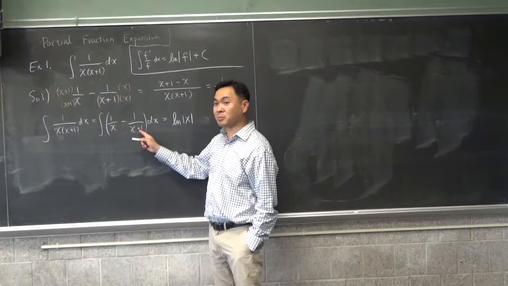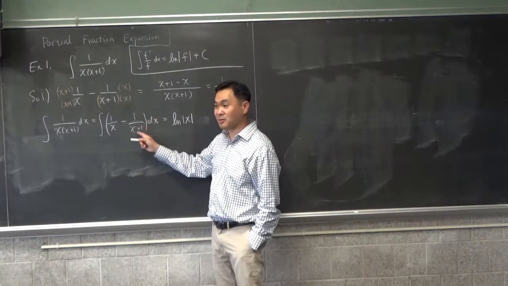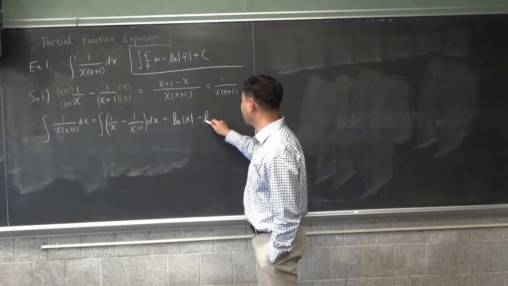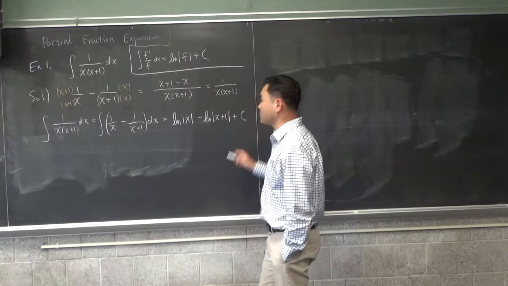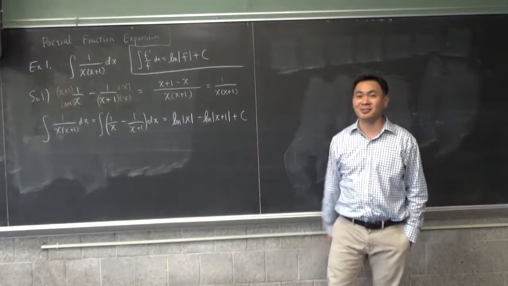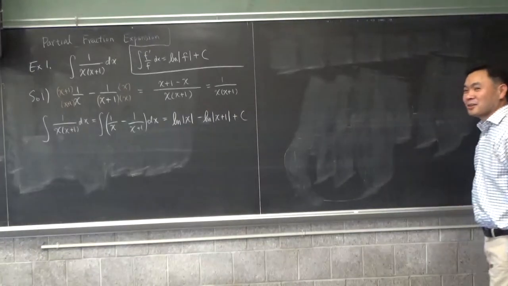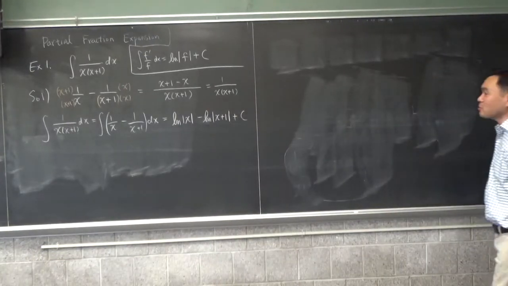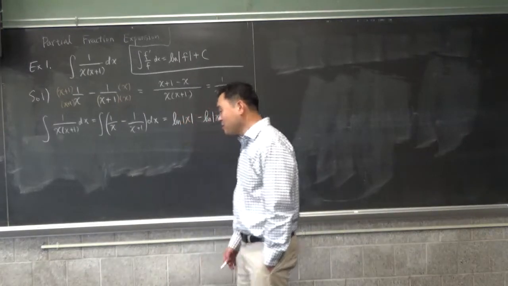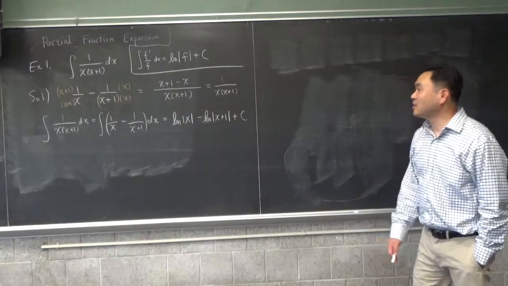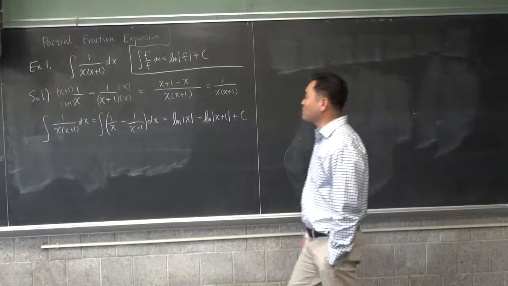If you differentiate the bottom, you get the top, right? So this is again ln, absolute value of x plus 1 plus c. Done.